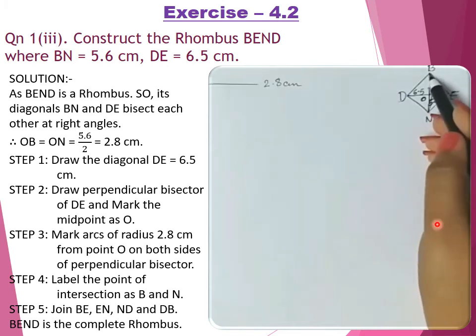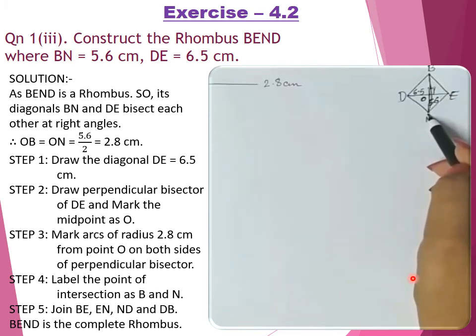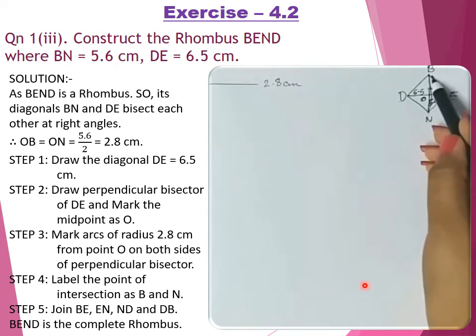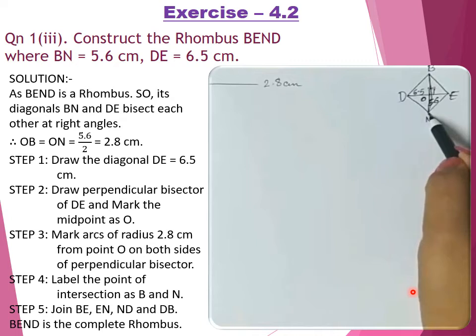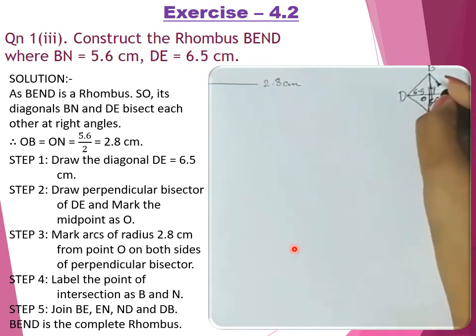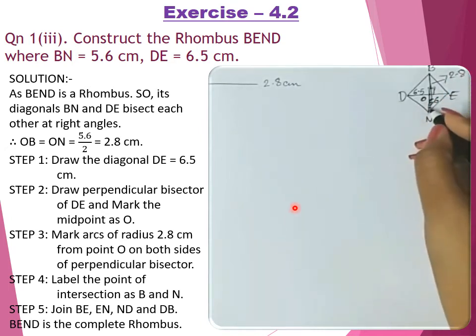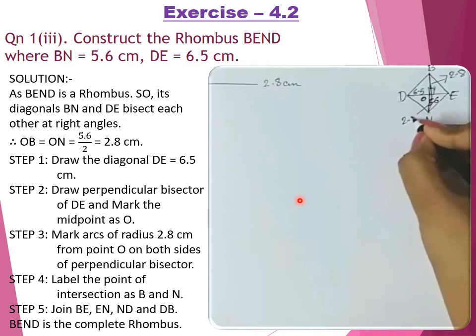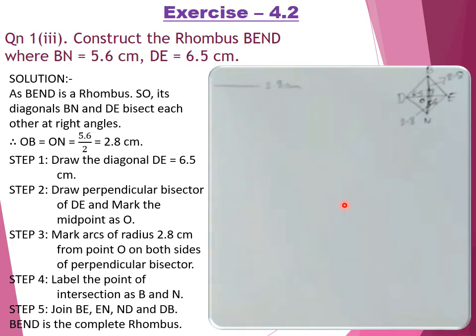That means if the total length of BN is 5.6, then OB will be equal to ON, and that will be equal to 5.6 by 2, which is 2.8 centimeter. That means each of BO and ON will be 2.8 centimeter each.